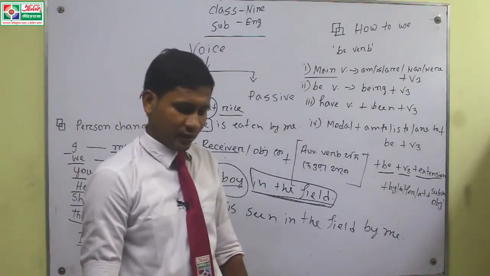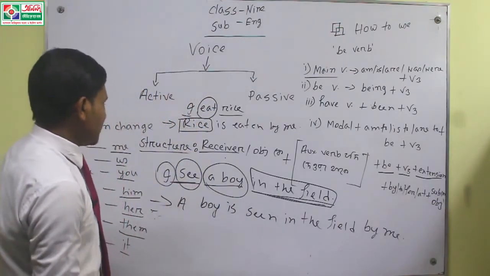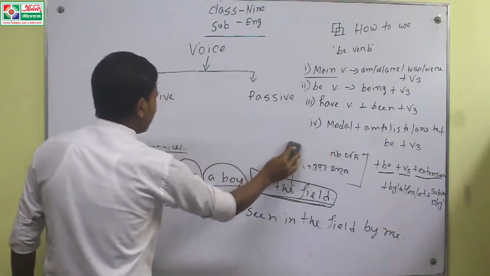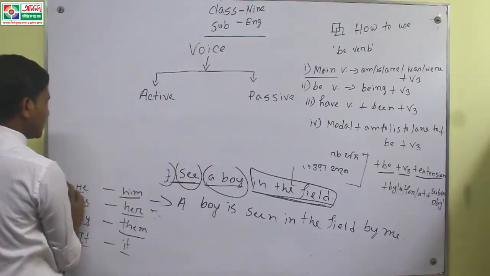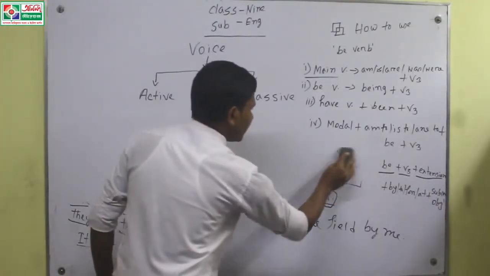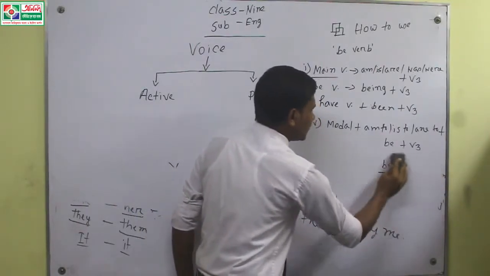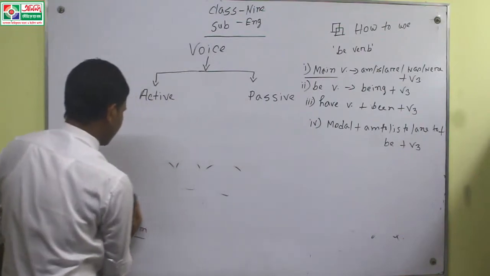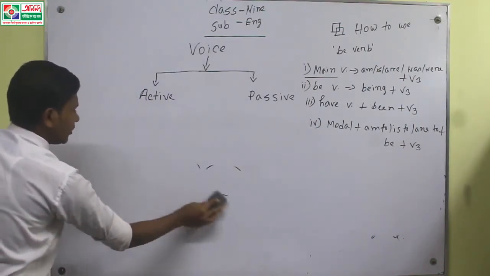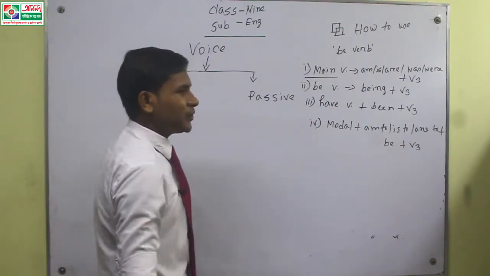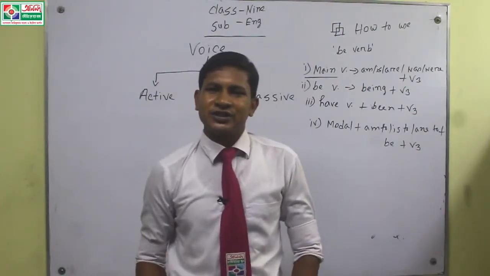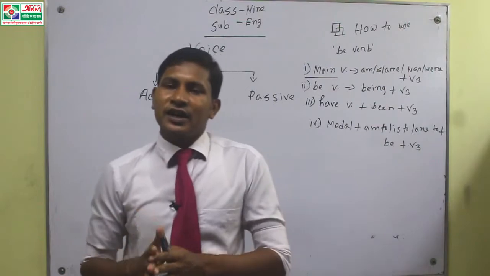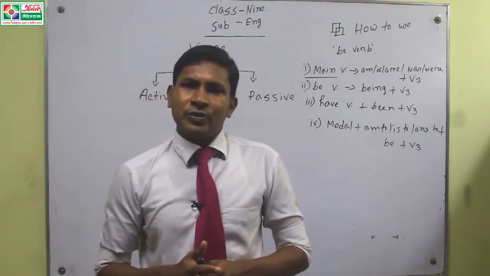Okay. Now we discuss how to use direct object and indirect object. A few minutes before we understood what an object is. Especially in any sentence we find two kinds of object. One is direct, another is indirect object.